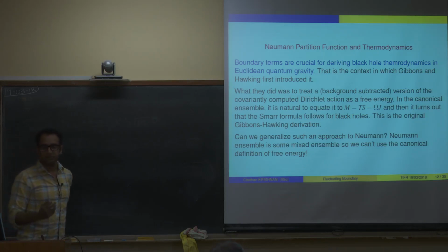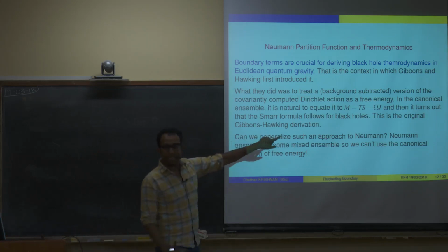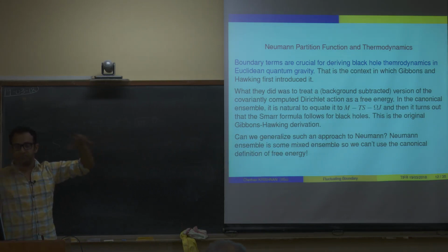No, but I'm just wondering, in defining things like M and J, the ADM formula, there is a certain fall-off condition. That is true. But we don't really need to use the ADM formula. This is just a classical relation between parameters of the black hole solution. But how do you define M and J? Correct.